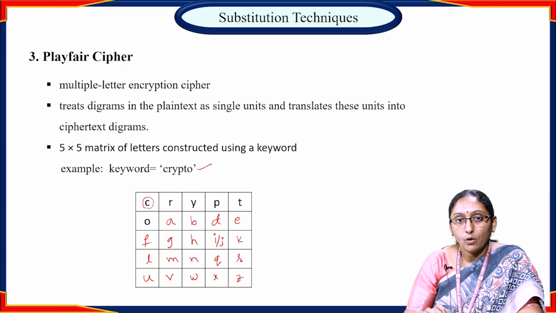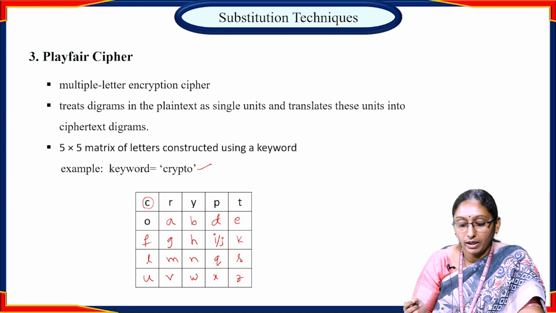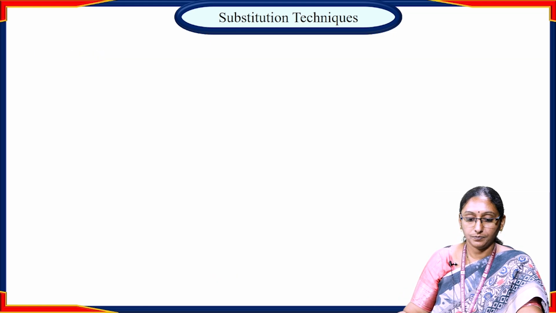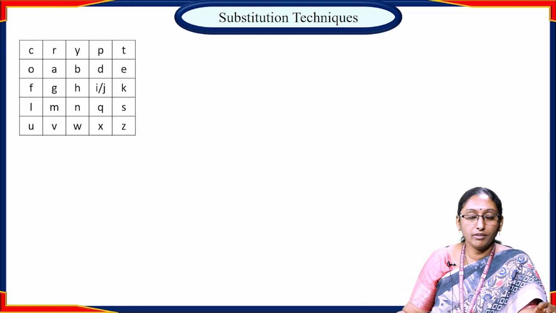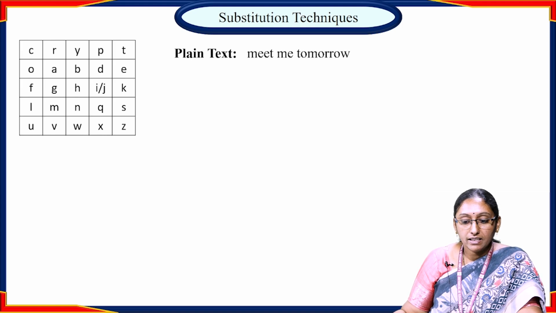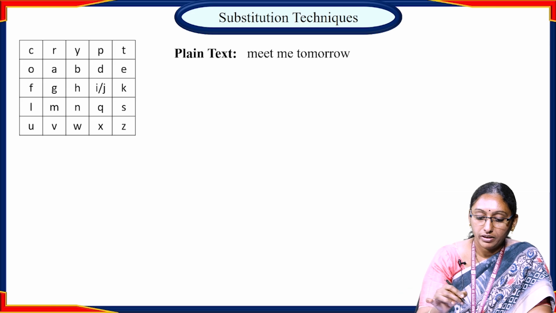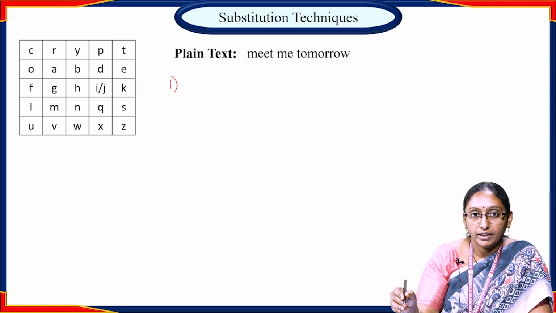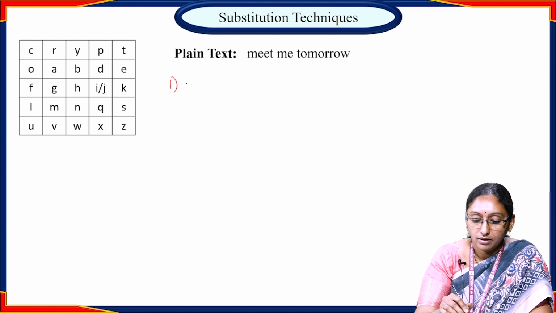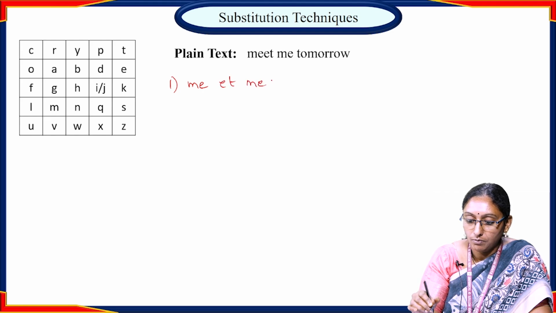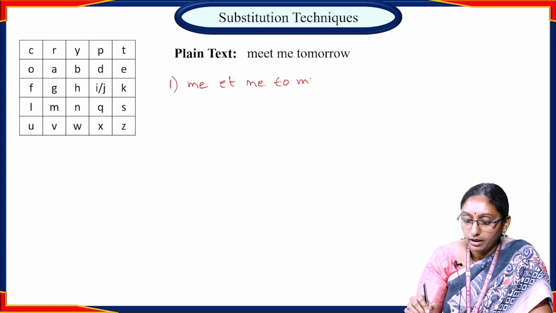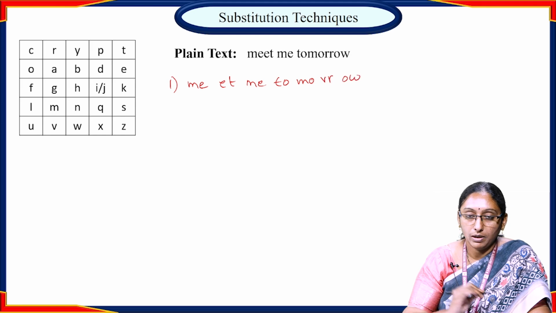Okay, so let's see how we can convert the given plain text by using this matrix. This is my 5x5 matrix and my plain text is meet me tomorrow. We will see how we can convert this plain text into ciphertext using the Playfair method. The first step is to divide the plain text into two-letter blocks, called digrams. I am writing ME, ET is one block, ME is another block, TO, MO, RR, OW.